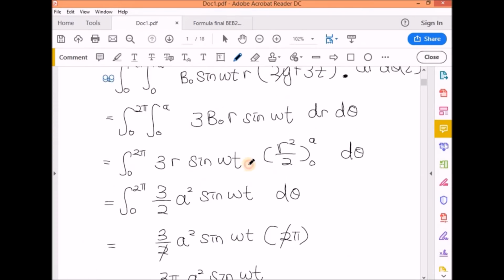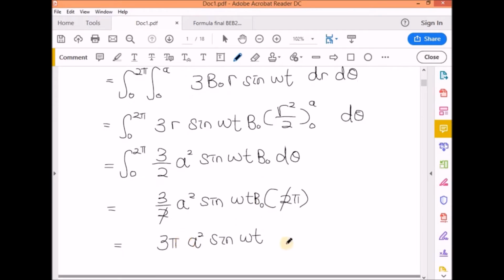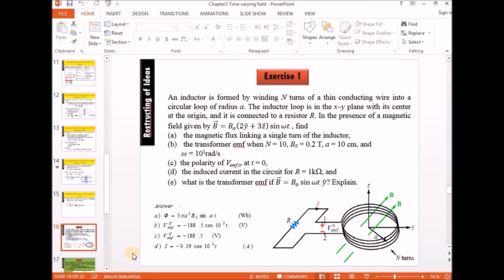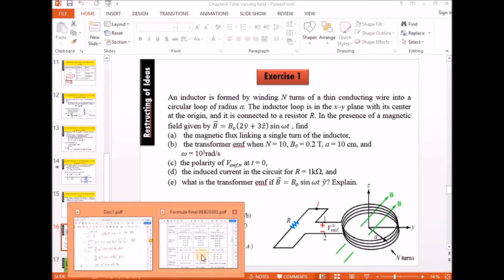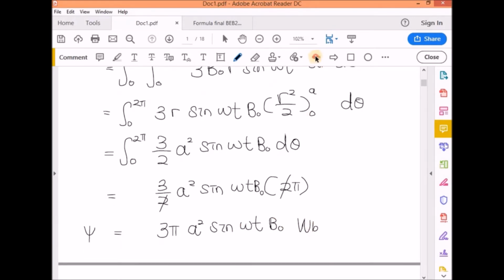I missed the B, right? Yes. So this one will be your magnetic flux. The unit is Weber. So this is the solution for question A.